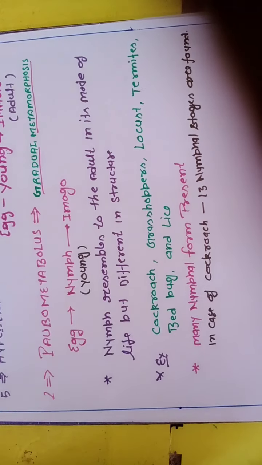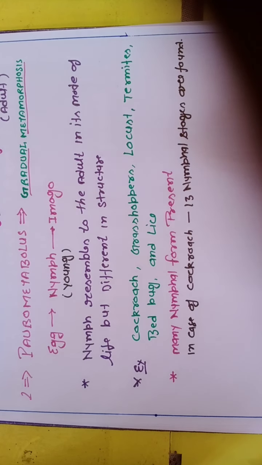How many nymphal stages are here? There are 13 nymphal stages. In this way, this is the pleurometabolous type of metamorphosis.